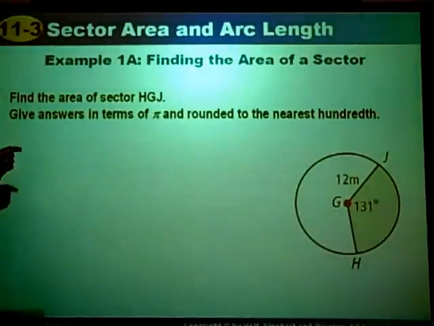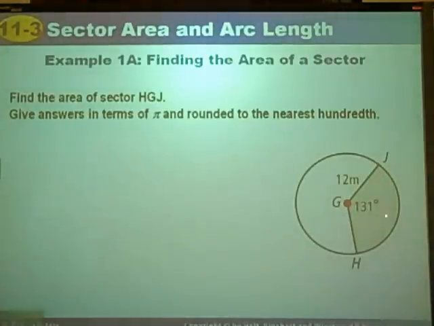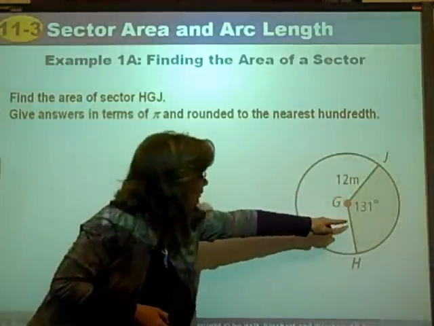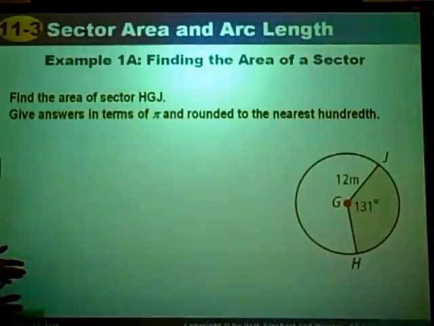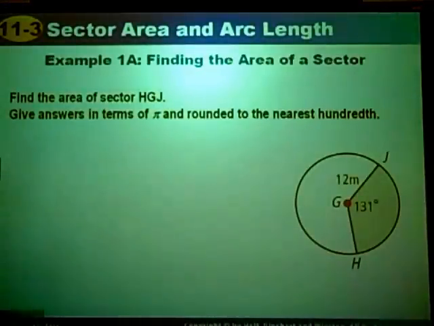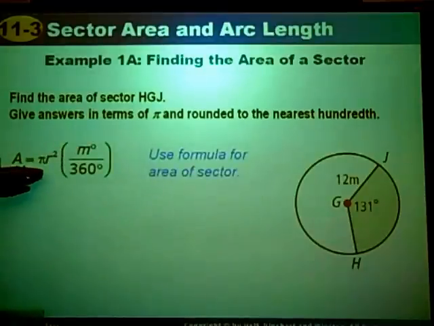So now we're going to find the area of sector HGJ, this shaded area right here. And we're going to get the answer in terms of pi and rounded to the nearest hundredth. Whenever you're told to find the area, just write out your formula first: pi r squared, area of the circle, times the fraction of the circle. I see that this central angle is 131 degrees, so that's what I'm going to put in there.